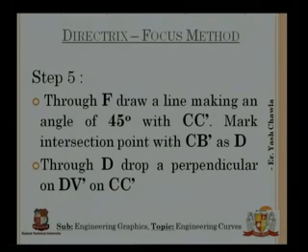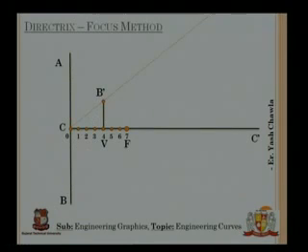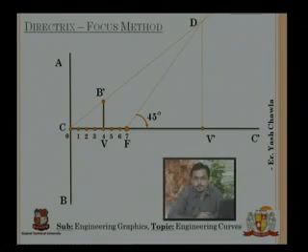See, once I have drawn the 45 degree angle, it will intersect this line CB dash at a particular point, and I'll mark that point as D. From D, I'll drop a perpendicular downwards on CC dash, and the point where it intersects CC dash will be V dash, my other right hand side extreme point of the ellipse. So from F at an angle of 45 degrees, I draw a line which intersects CB dash at D, and then I drop a perpendicular which meets at V dash. Now this V and V dash is between what the ellipse will be created.